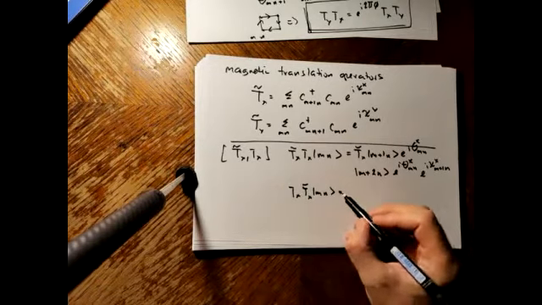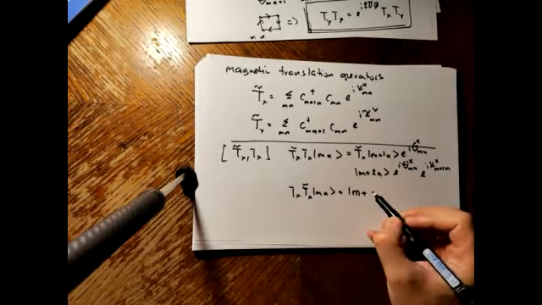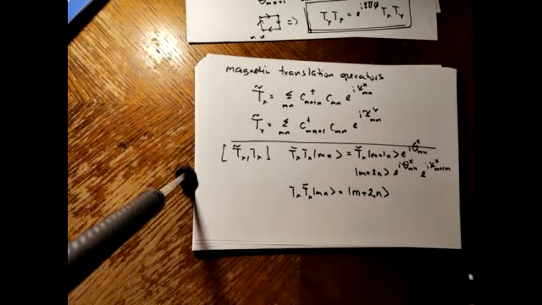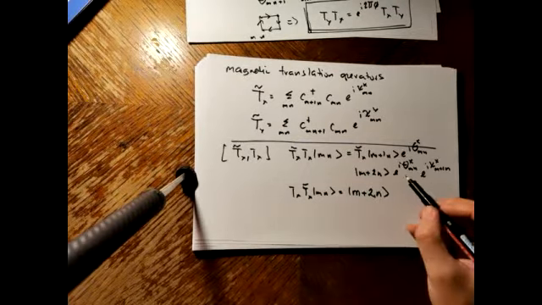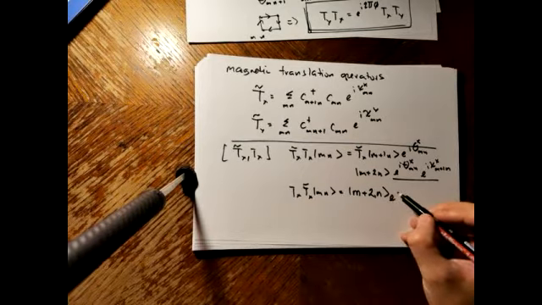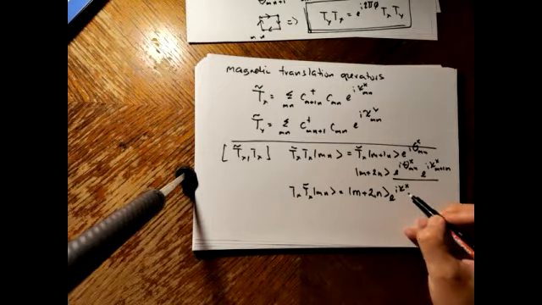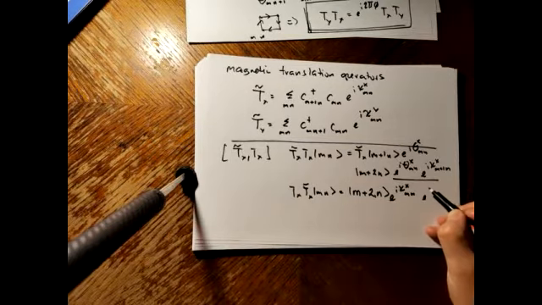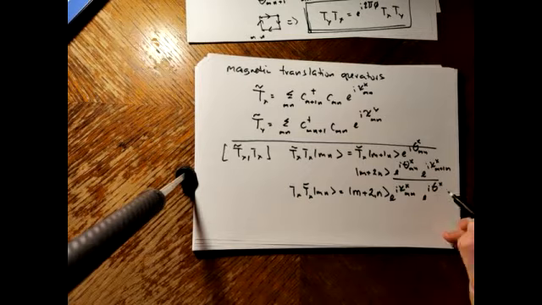Again, it's two hoppings in the x direction, so we're going to have (m+2, n). And the phases are going to be the reverse, e^{iχx(m,n)} e^{iθx(m+1,n)}.